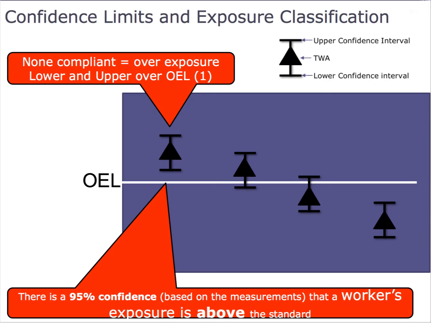So here we can see when our lower confidence limit and our upper confidence limit are both greater than 1, or greater than the OEL, we are 95% confident that what we measured is a worker's exposure above the occupational exposure limit. So our time-weighted average with 95% confidence is above our occupational exposure limit.